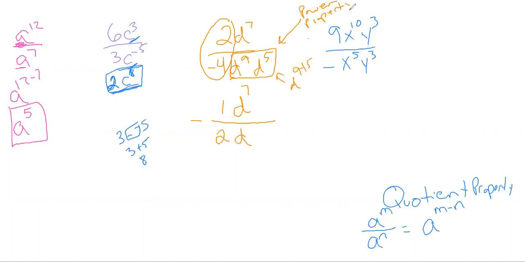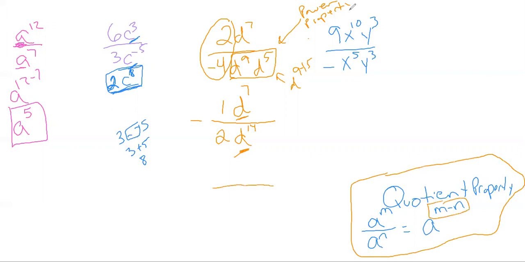So I write d to the 14th power. But I'm not done because we still have this quotient property down here. And you're going to notice I have 2 bases that are exactly the same. So what can I do with their exponents? I can subtract them.